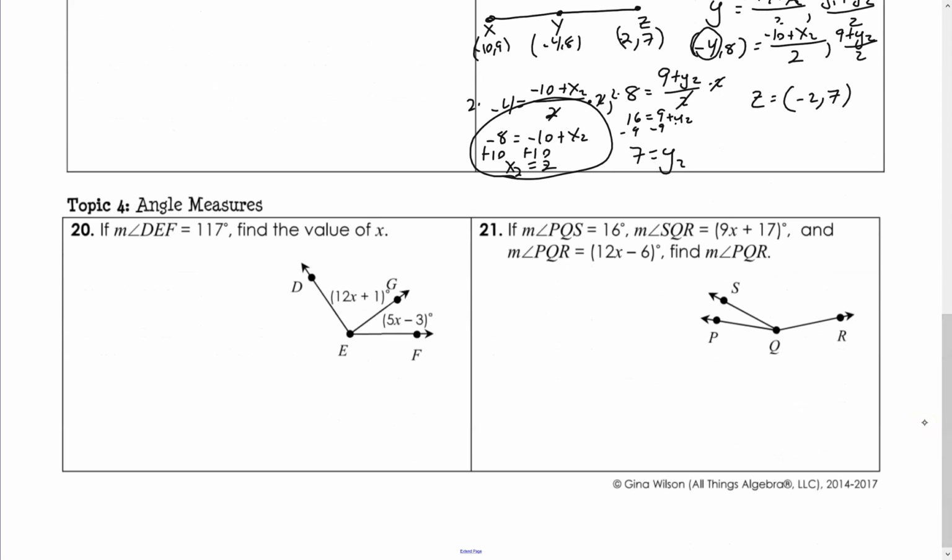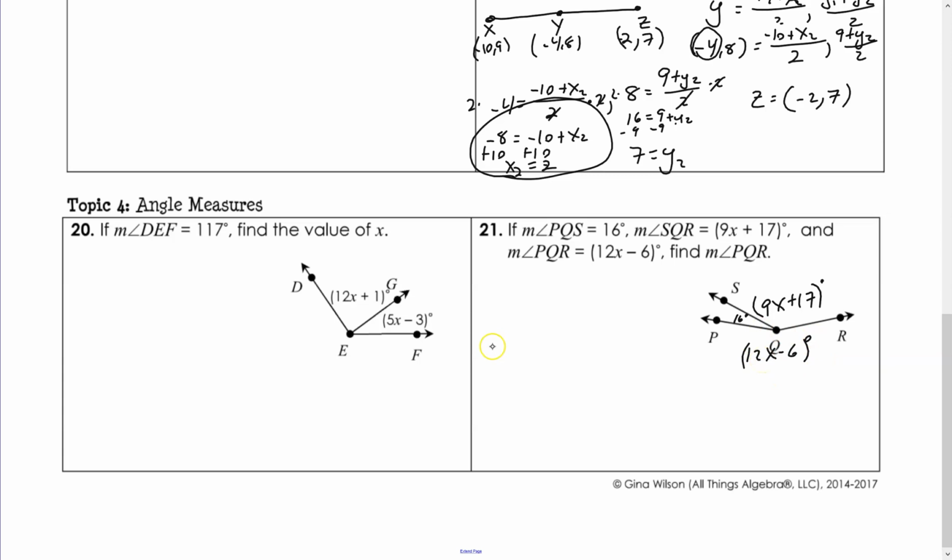All right, if the measure of PQS is 16 degrees and SQR is 9x plus 17 degrees, and PQR, which is the whole angle, is 12x minus 6 degrees, well, we know that PQS and SQR together have to equal this total angle.